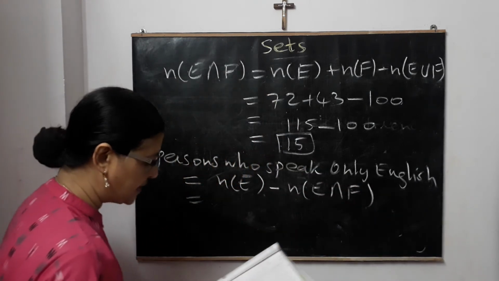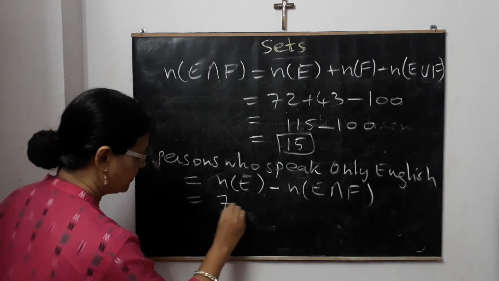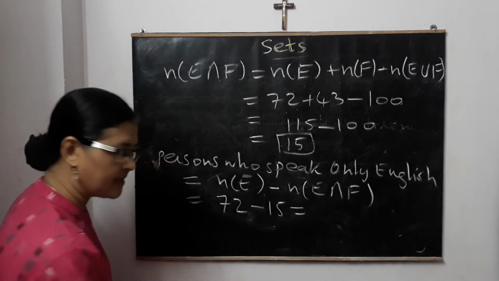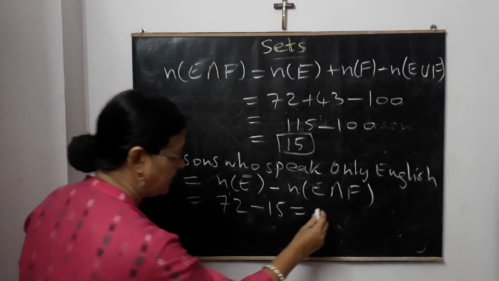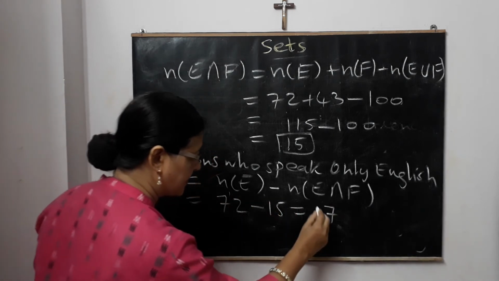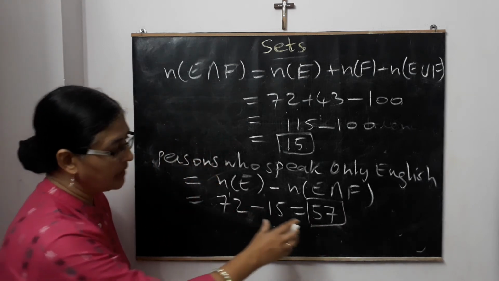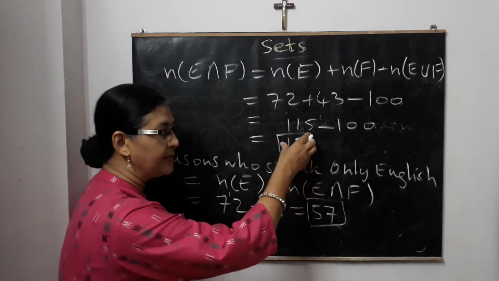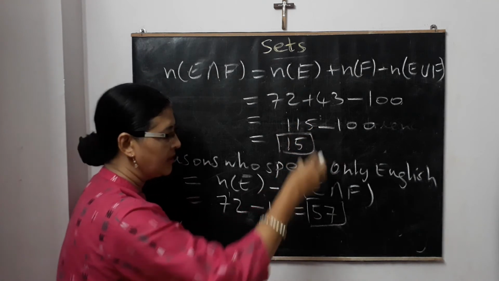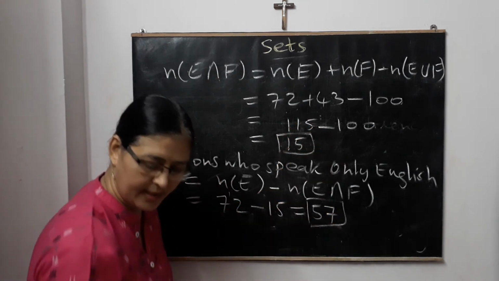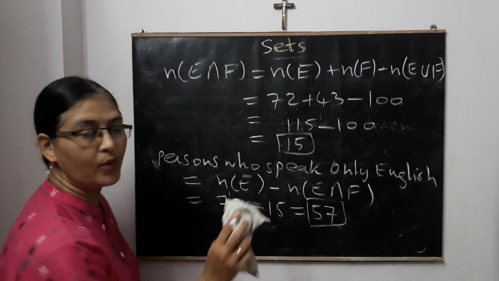What is n of E given earlier? 72, speaking English, minus the intersection. What will be the answer here? 12 minus 5 is 7, and here 6 remains. So 57. So 57 people are speaking only English and 15 speak English and French both. Count 57 and 15, total is 72. Clear?